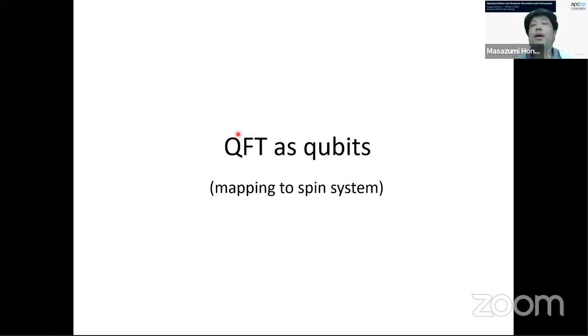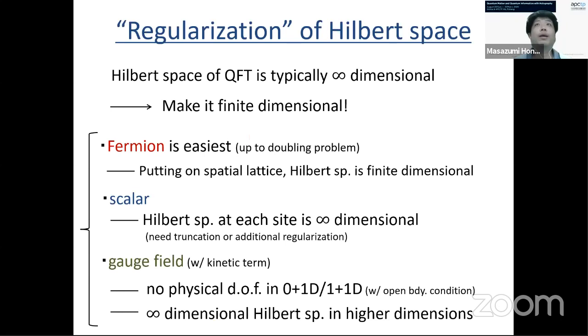Then I started to explain a bit on how to rewrite quantum field theory in terms of qubits. Since the quantum Hilbert space of quantum field theory is typically infinite dimensional, we have to make it finite dimensional by some regularization.